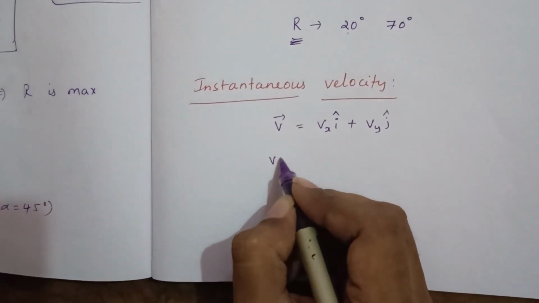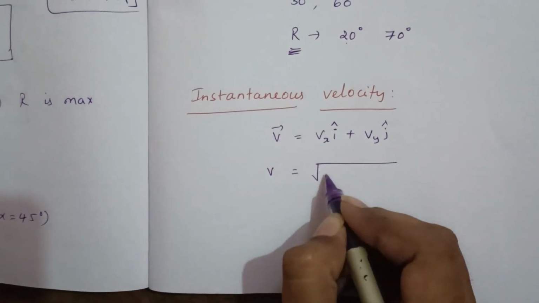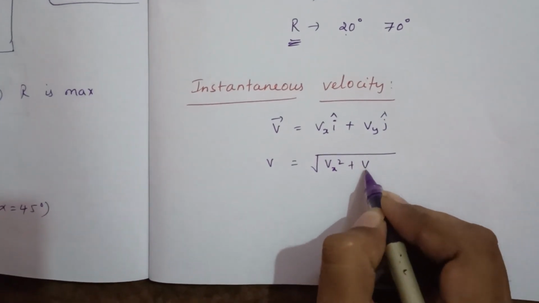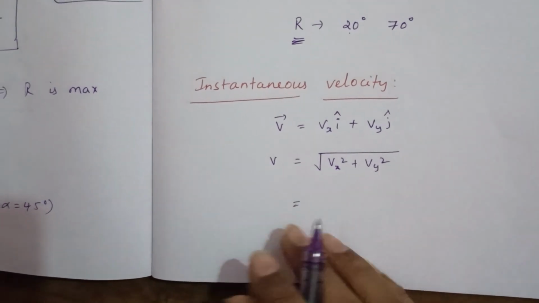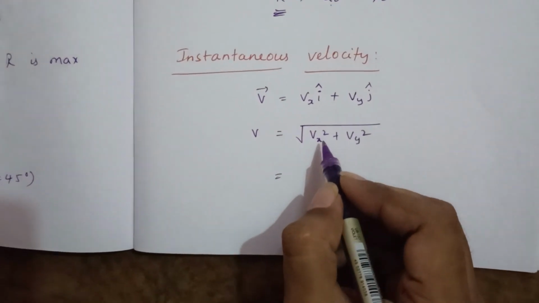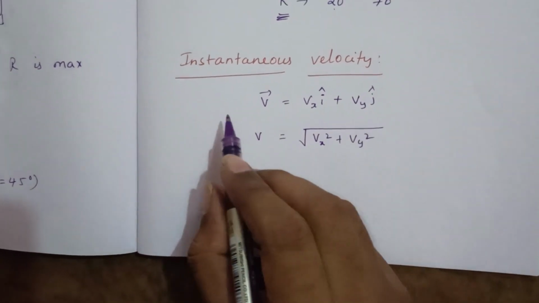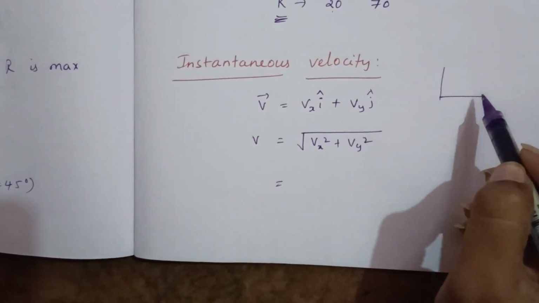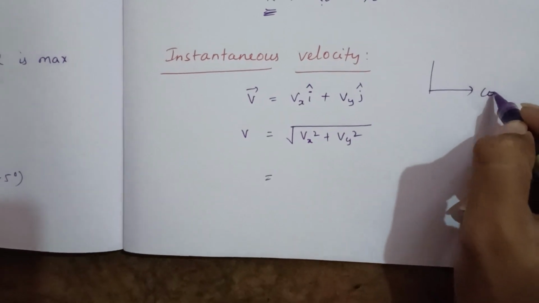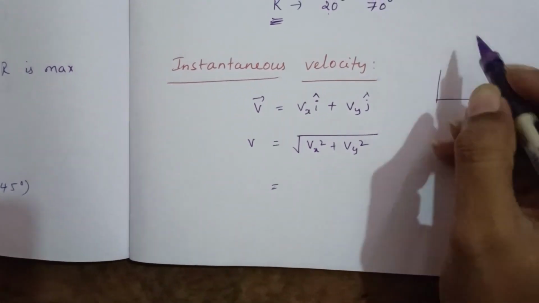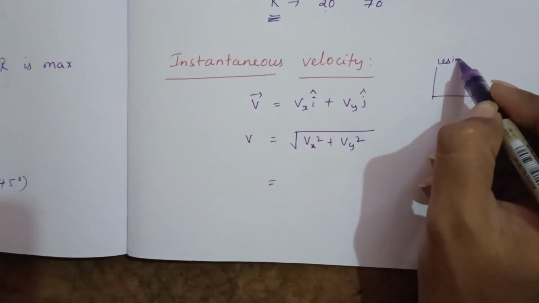Magnitude of velocity equals vx square plus vy square, as both are perpendicular. The horizontal component is u cos alpha, and the vertical component is u sin alpha.